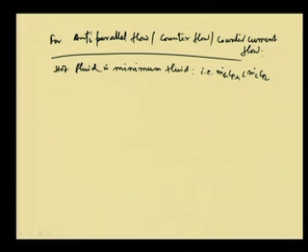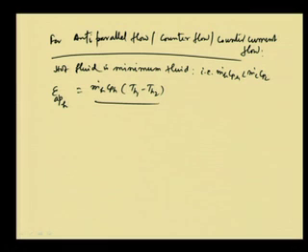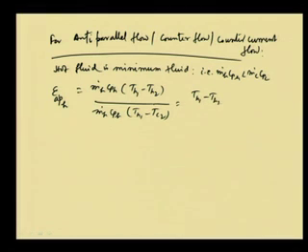In that case, effectiveness for anti-parallel flow and for hot fluid becomes m dot h CPH into TH1 minus TH2 by m dot h CPH into TH1 minus TC2. Yes, in this case TC2 is used because the cold fluid is coming from the other side. So, therefore, it becomes TH1 minus TH2 by TH1 minus TC2.